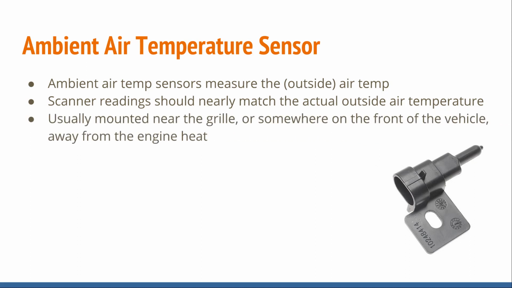It's usually mounted somewhere away from the engine heat, like in the grill or even in the front bumper area. And guys, these sensors really don't fail very often. Honestly, the only time I really see these things fail is if we have a front end collision and they get cracked. Otherwise, they really don't fail very often.